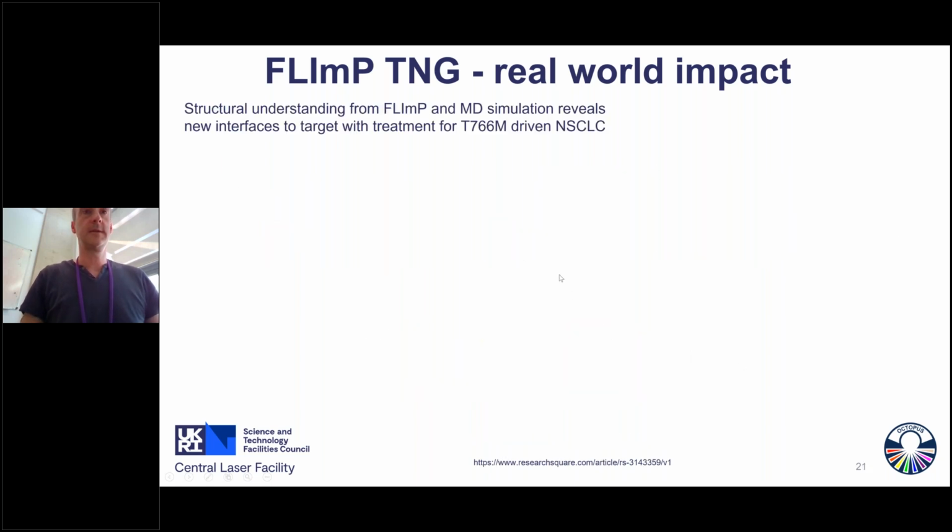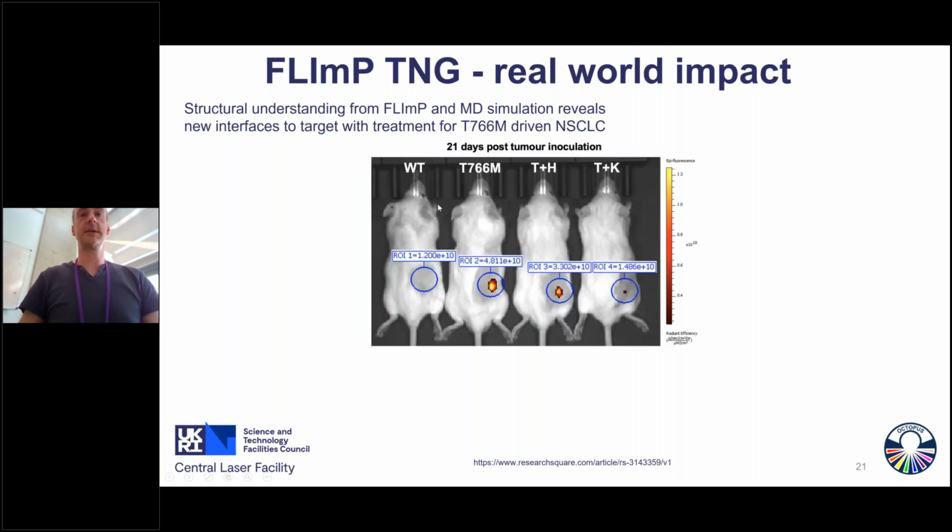And so that was brilliant. And what this actually told us, I say we identified a couple of orphan interfaces, and interactions were actually very important. These were actually 2 kinase domain interfaces, so internal and inside the cell, that were important, and they're actually important in T766M, particularly an EGFR mutation that's important and drives non-small cell lung cancer.